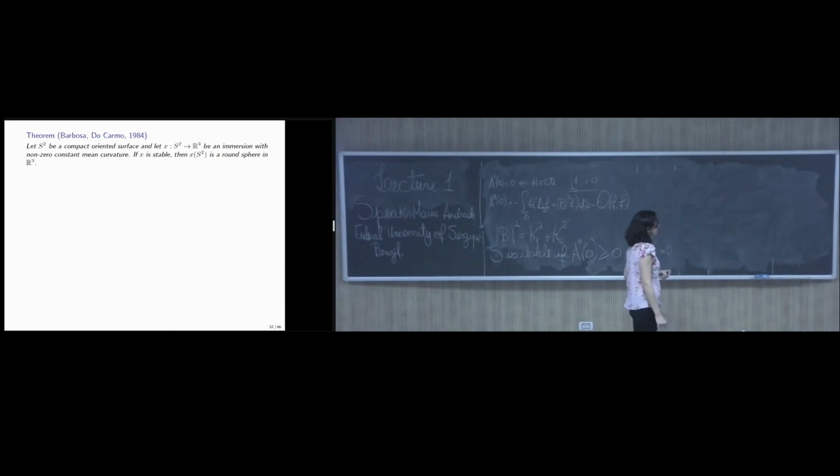Consider a compact oriented surface, and consider an immersion into Euclidean space with non-zero constant mean curvature. Then, if the immersion is stable, the immersion is a round sphere in Euclidean space. A very beautiful classification result.